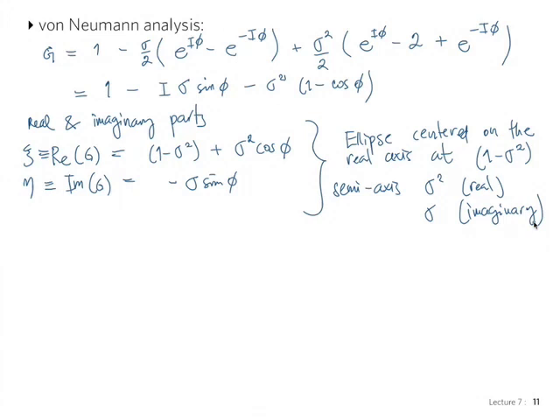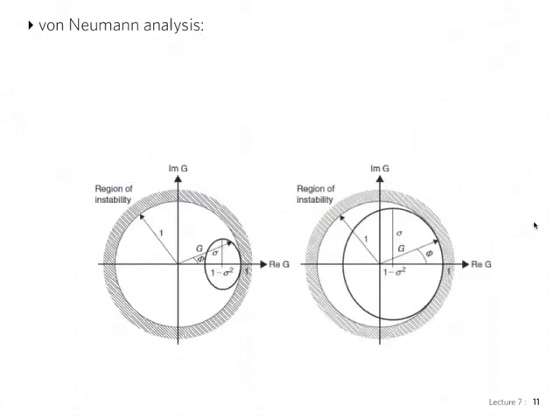Okay, so this ellipse, and I have a picture, but before I bring on the picture, I think I didn't leave enough space, so I'll let you take notes of that so I can clear my annotations. We have the ellipse centered at this point 1 minus sigma squared on the real axis, and there are two situations.